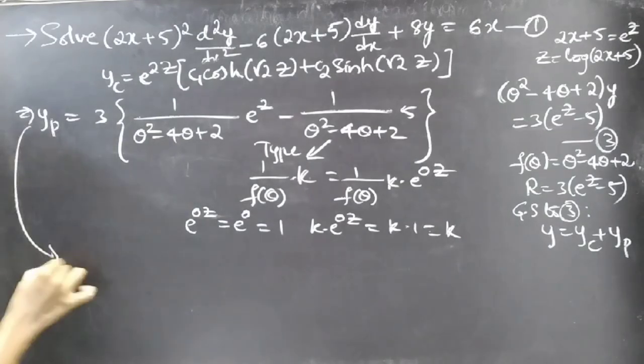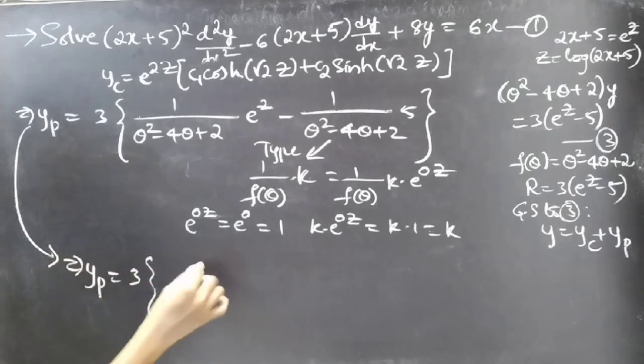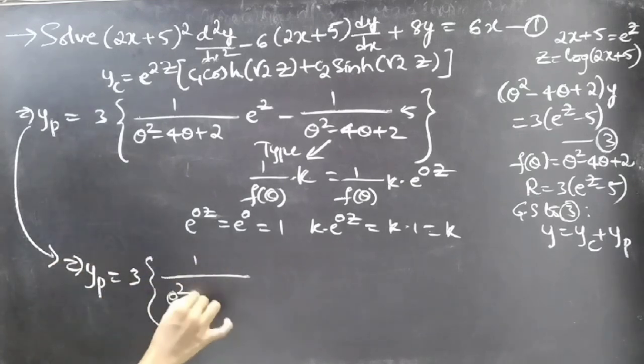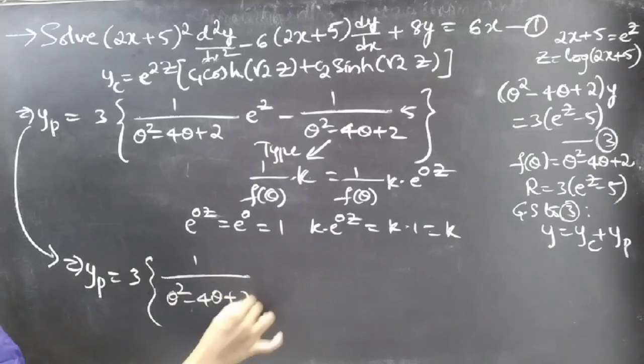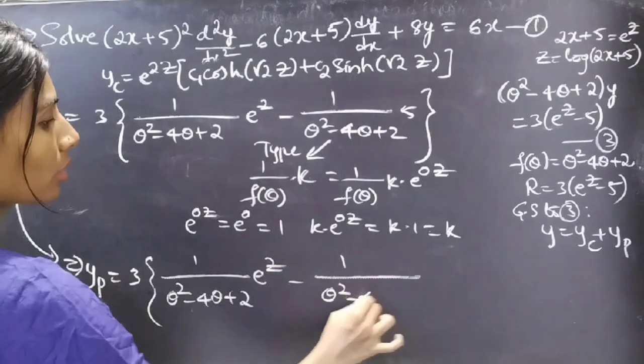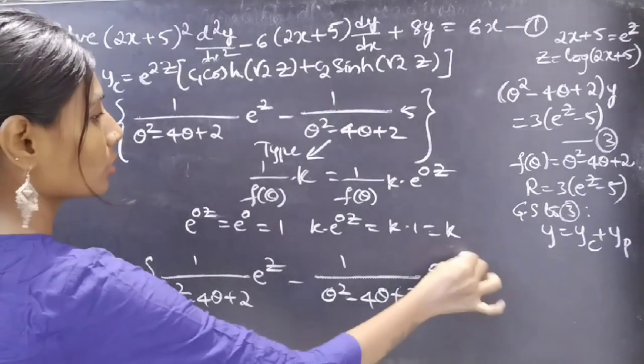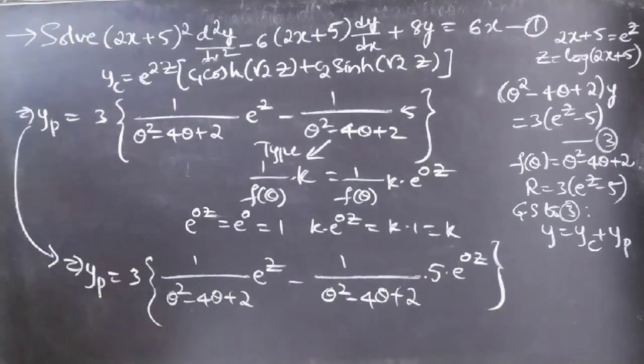This becomes yp equal to 3 into 1 by f of theta, theta square minus 4 theta plus 2 into e power z minus 1 by f of theta, theta square minus 4 theta plus 2 into 5 into e power 0 z.